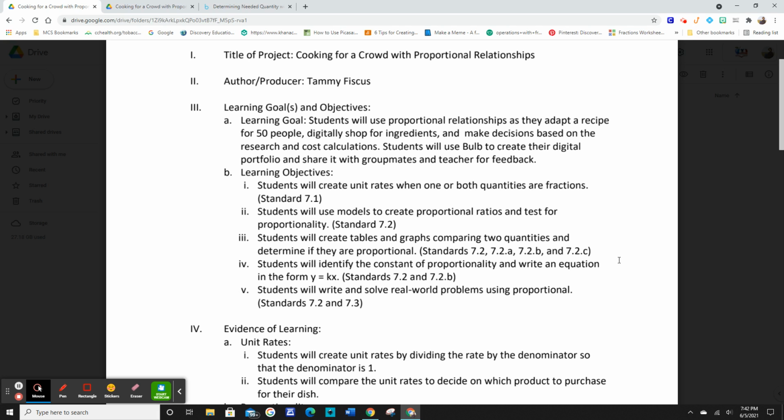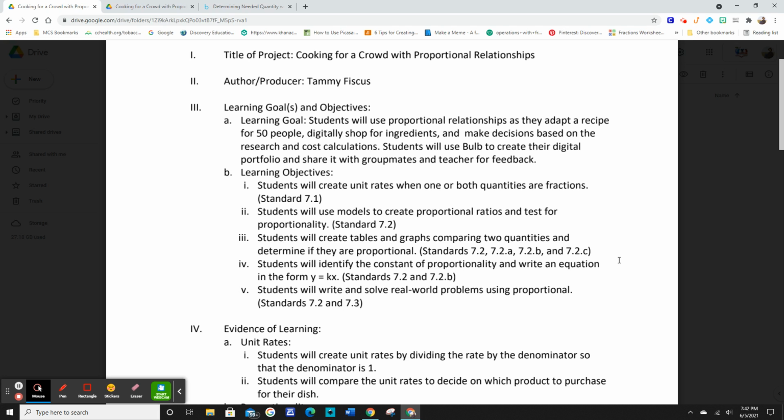The learning objectives specifically relate to the Alabama Course of Study, so specifically math-related objectives. The first one is students will create unit rates when one or both quantities are fractions. Secondly, students will use models to create proportional ratios and test for proportionality.